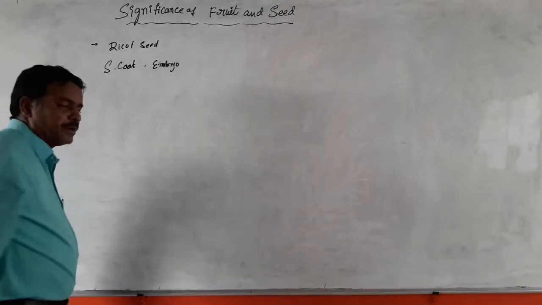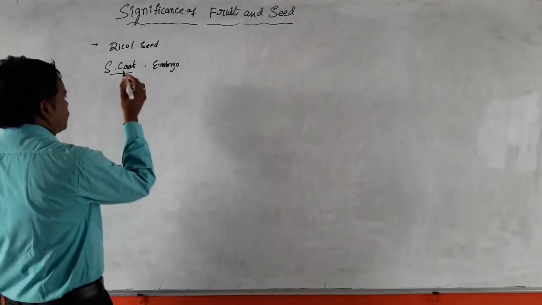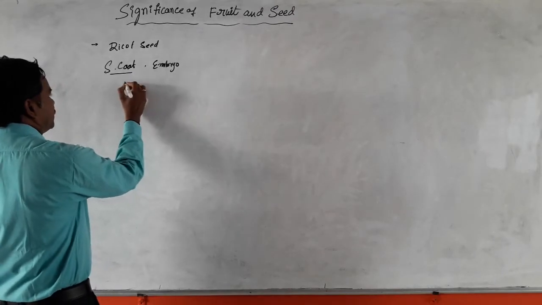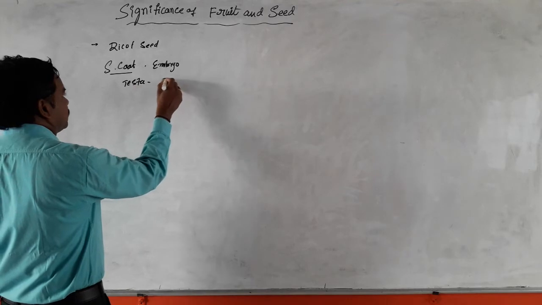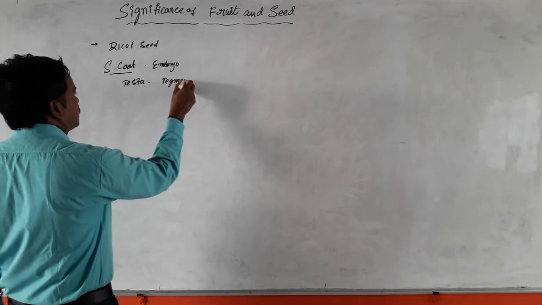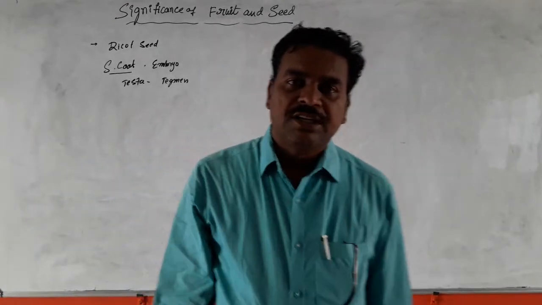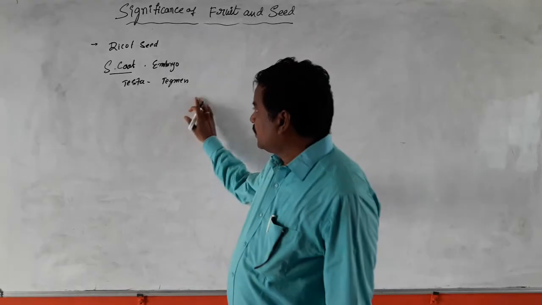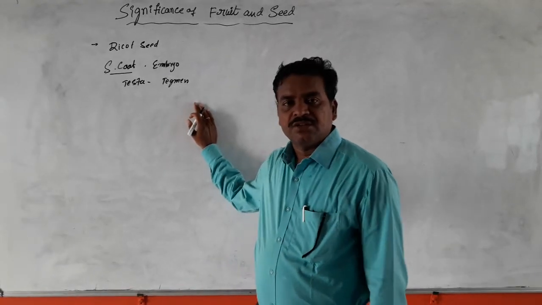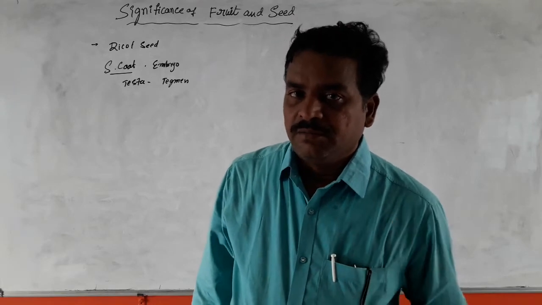Generally, the seed coat is also differentiated into outer seed coat, testa, and inner seed coat, tegmen. Testa is the outer seed coat that is developed from the outer integument of the ovule. And tegmen is the inner seed coat and is developed from the inner integument of the ovule.